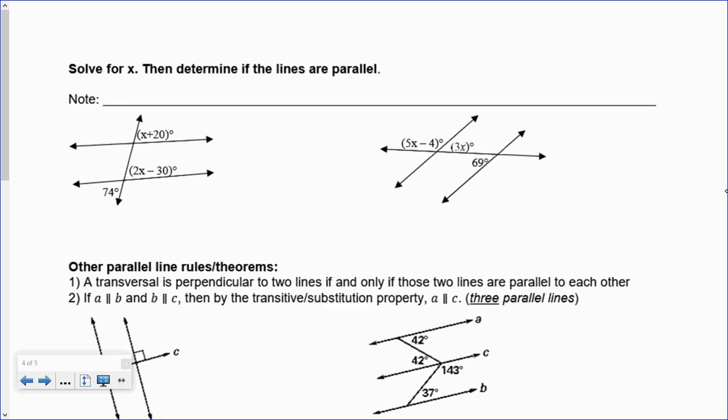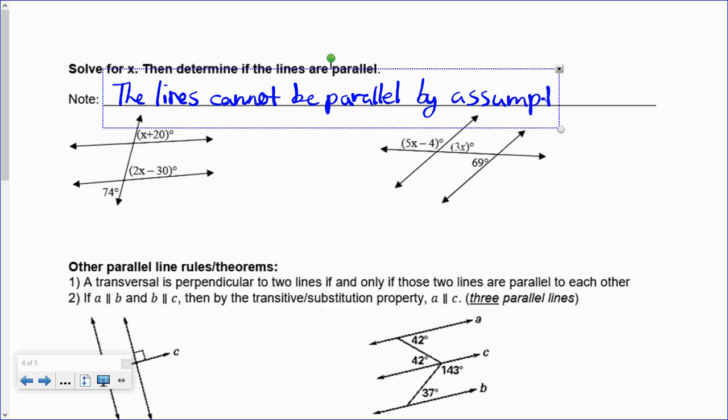Do I have the symbols? Do I have the little symbols in the picture? Do I have the little statement in the directions where you can assume that they're parallel? No. So we know that the lines cannot be parallel by assumption. The lines cannot be parallel by assumption.